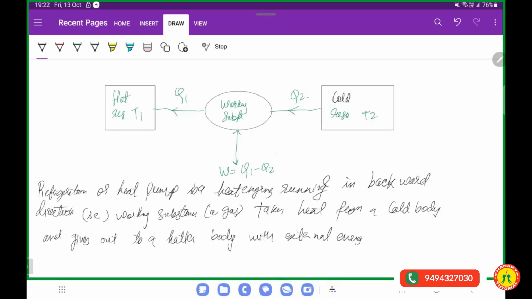The external energy is electrical energy.